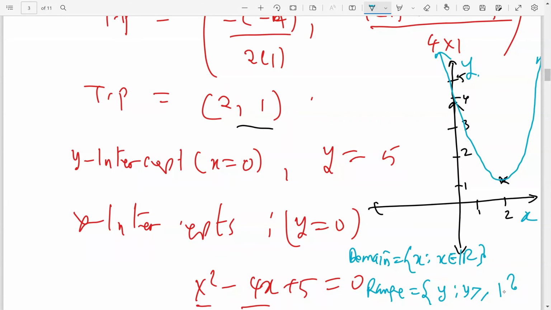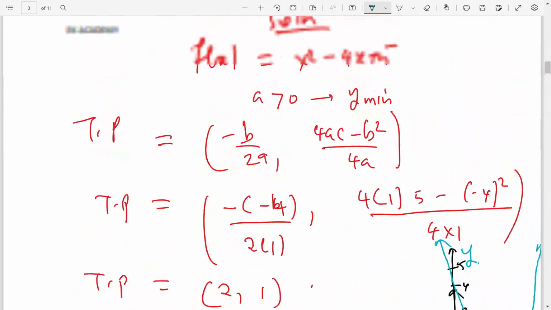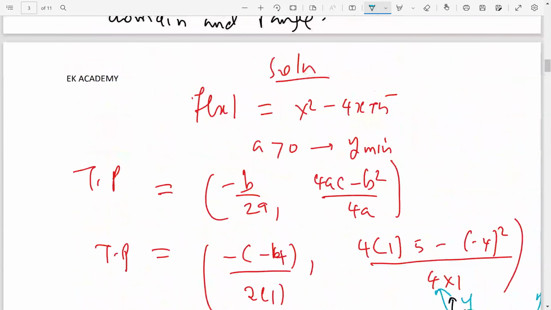Dear students, thank you. So this is how we sketched the graph of this function without using a table of values.